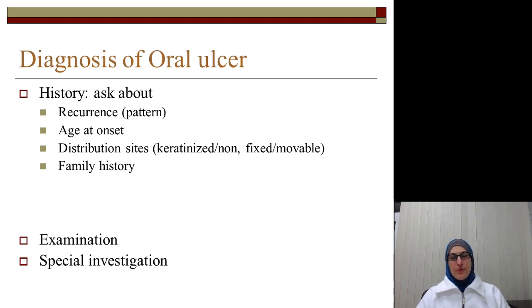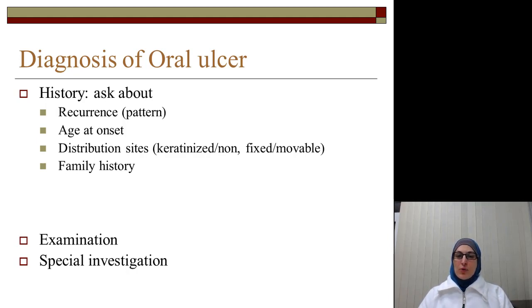Family history is also important. Some cases have a genetic component, more genetic involvement in the condition. An example of that is RAS. If the parent has RAS, there is a 90% chance that one of his children would be affected with RAS.